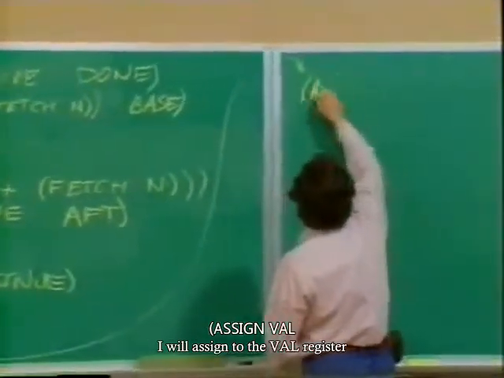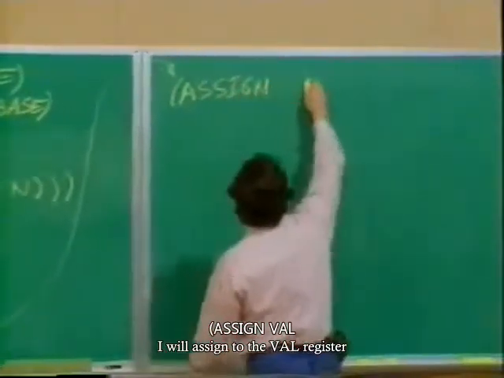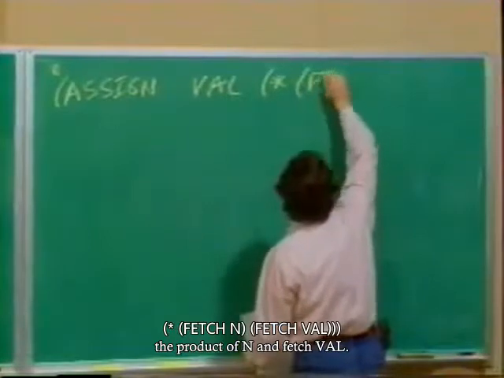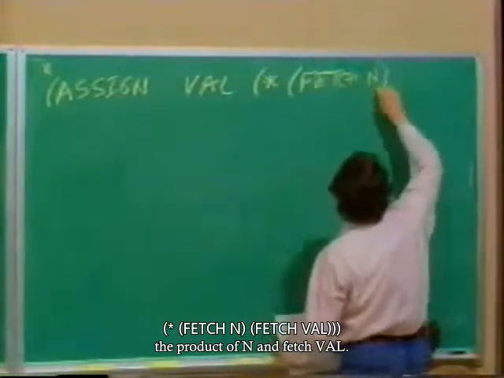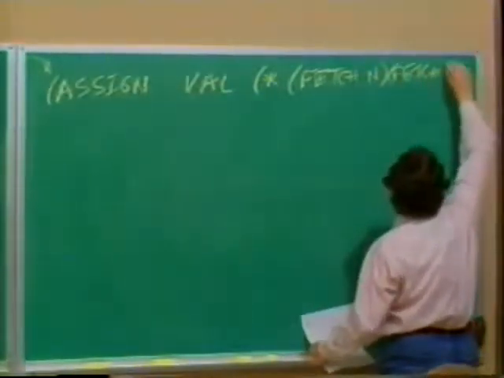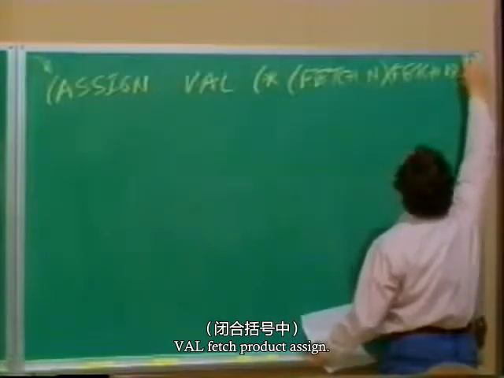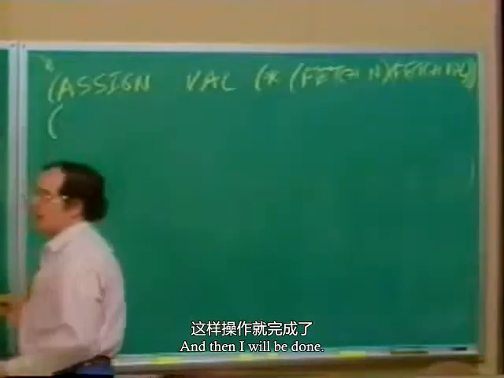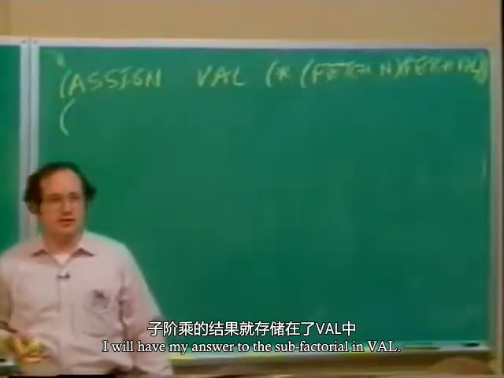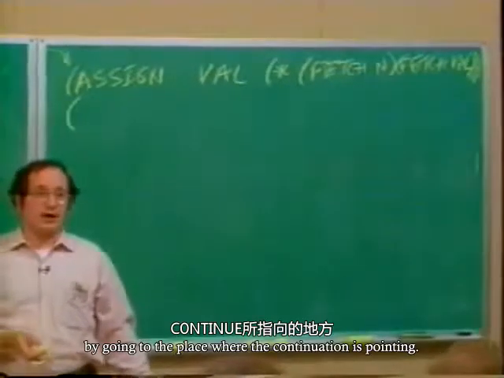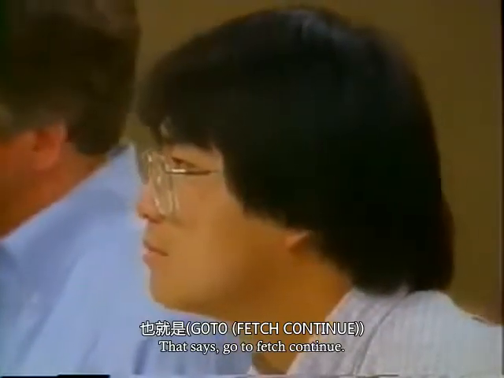I will assign to the val register the product of n and fetch val, fetch product assign, and then I will be done. I will have my answer to the subfactorial in val. At that point, I'm going to return by going to the place where the continuation is pointing. That says go to fetch continue.